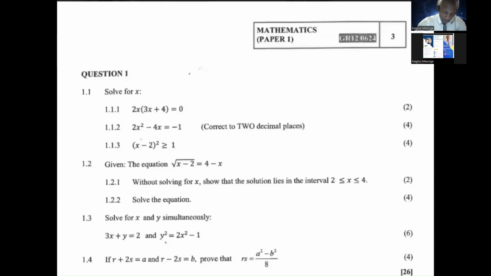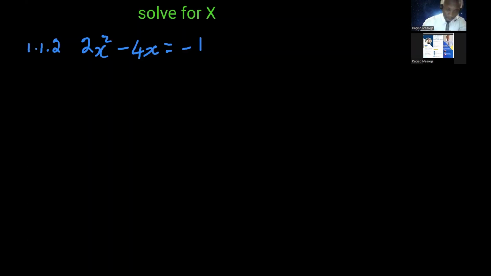So now we're doing this one over here, which is 2x squared minus 4x is equal to minus 1. Also, notice that it says correct to 2 decimal places. Given this equation, we have to move all terms to one side to set the equation to 0.